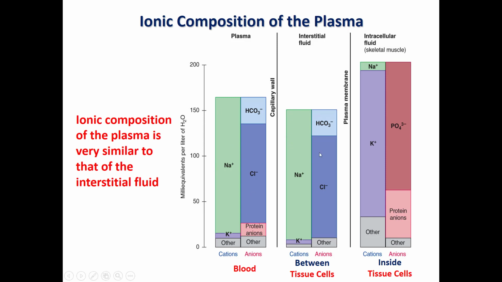So due to this slight difference in concentration, we have the diffusion at the capillary level. This is the difference of concentration inside and outside the cell. So this is inside the cell, this is outside the cell, this is inside the blood vessels, exactly inside the capillary.